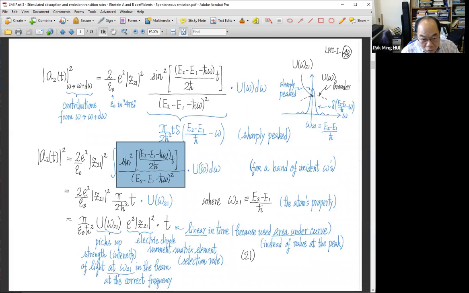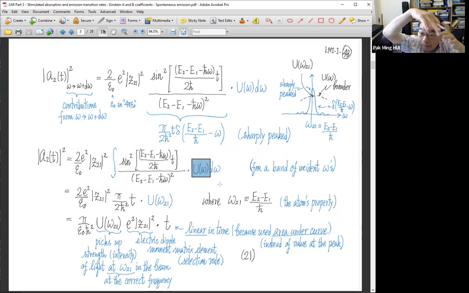It will force this omega to be right at this omega 2,1, because the delta function says omega must be equal to that number. Therefore, it will pick up the strength, how strong in your beam, in your narrow distribution of frequency, that particular frequency, how strong is the light.